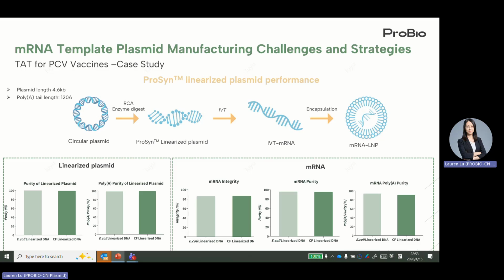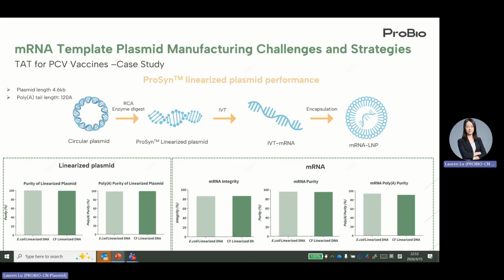And this slide highlights the performance of ProSyn linearized plasmids in key steps of mRNA vaccine production, using the PCV as a case study. So the data compared two types of linearized DNA templates, E. coli derived versus cell-free derived, across critical quality attributes. So ProSyn linearized plasmid shows comparable quality to E. coli derived linearized plasmids.